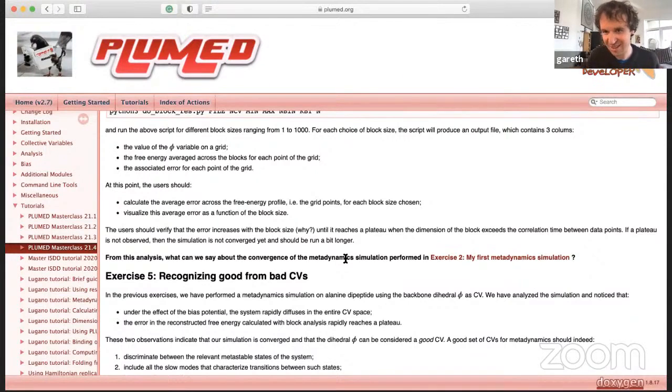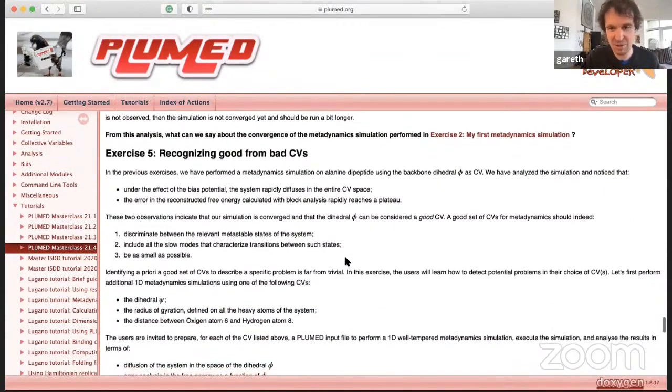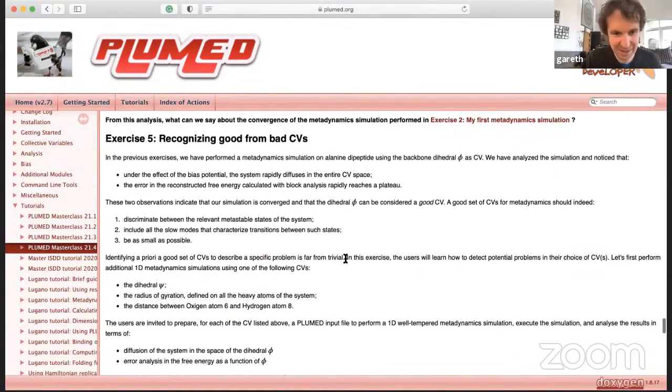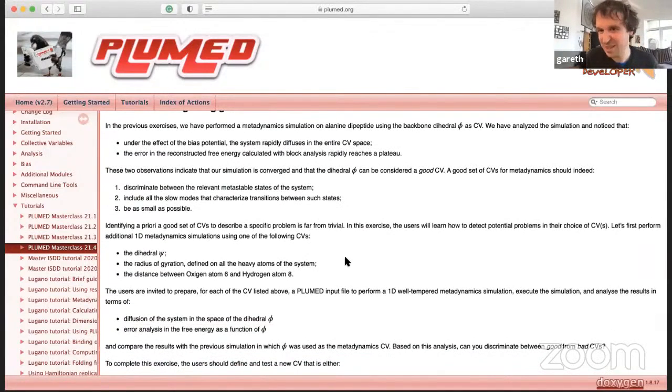Exercise 5, we start letting you be a little bit creative. So what we're encouraging you to do here, or what Max is encouraging you to do, is to basically try and run metadynamics on this alanine dipeptide, which we know everything about, with different CVs. There's various different CVs that you can try and use to look at this alanine dipeptide system.